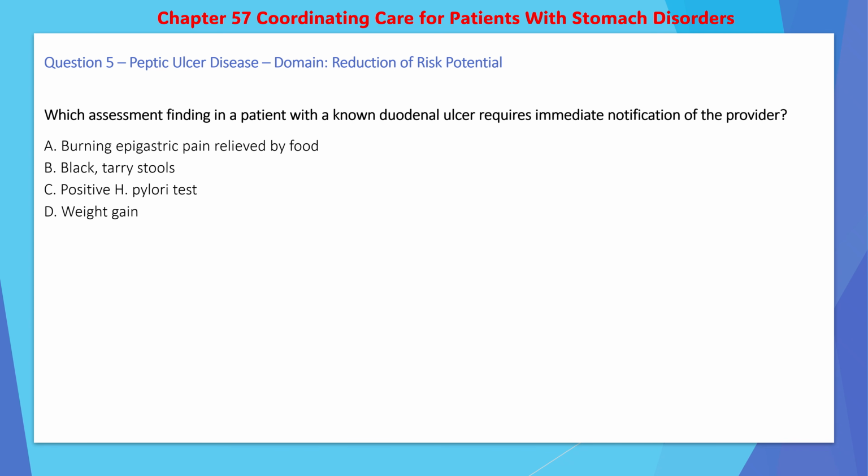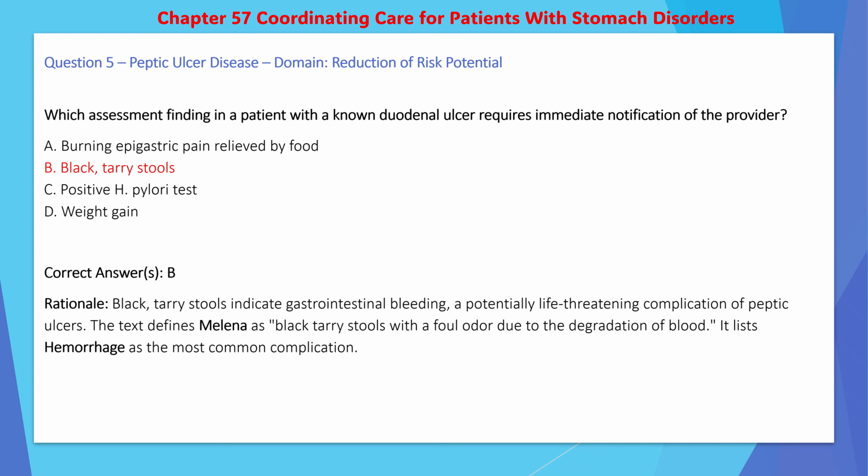The correct answer is black tarry stool. This indicates gastrointestinal bleeding, a potentially life-threatening complication of peptic ulcers. The text defines melena as black tarry stools with a foul odor due to the degradation of blood. It lists hemorrhage as the most common complication.